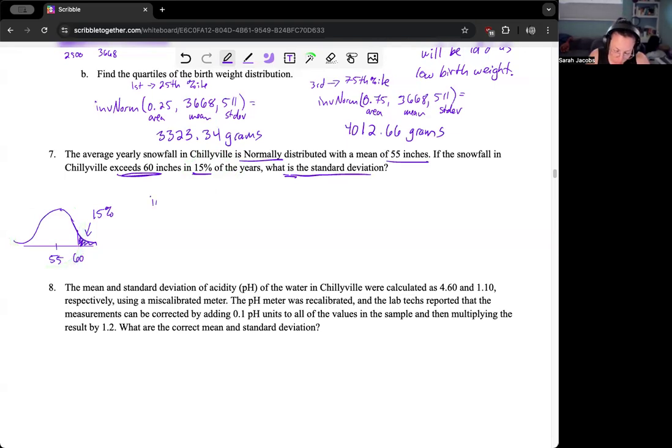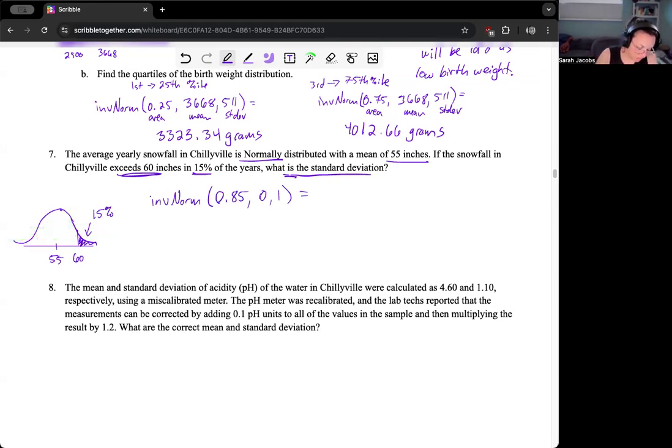So we're going to first get a z-score, because we do not know the standard deviation. So we're going to say 0.85, again, that was just 1 minus 15%, because we want to know what's to the left of here. And then we'll say 0 and 1.